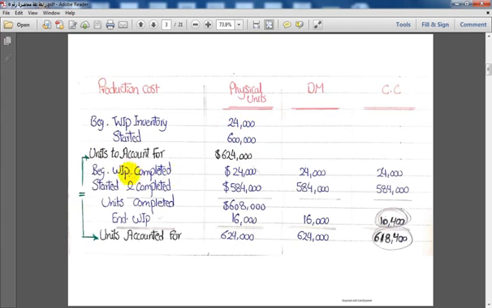The second step is to calculate or present the output of the process. Beginning work in process completed, the same number, because we treat the finished goods as 100%, which combines beginning work in process and the units started and completed.